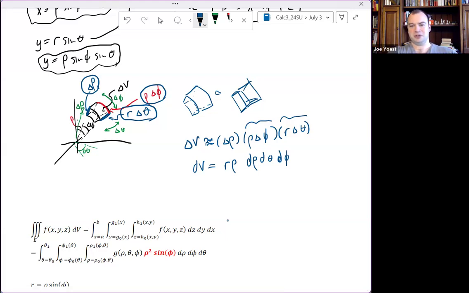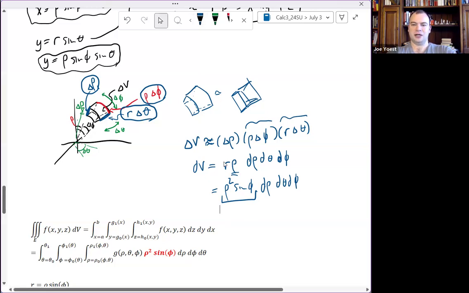That's where this r rho comes from. But then r is just rho sine phi times another rho, d rho, d theta, d phi. So our little chunk dV turns into rho squared sine phi, d rho, d theta, d phi.